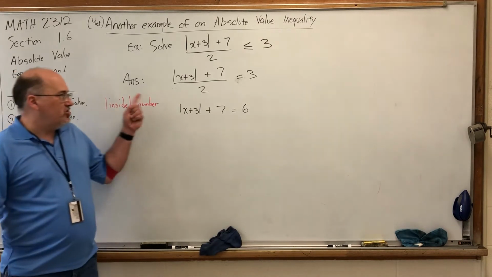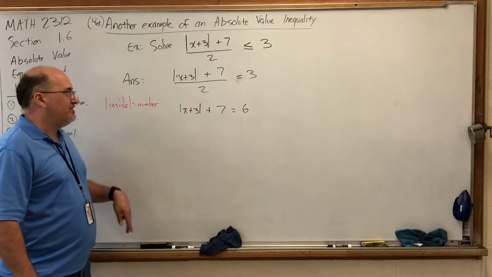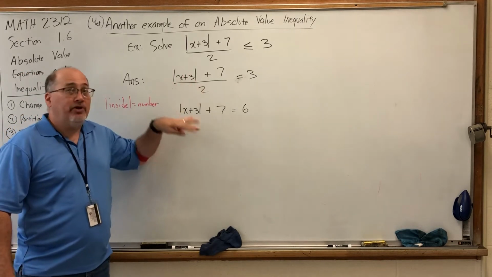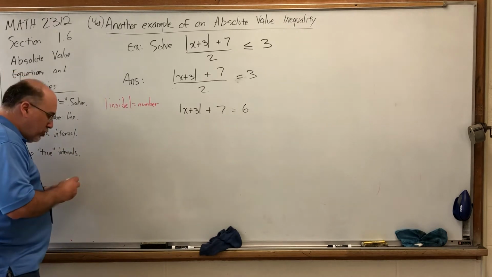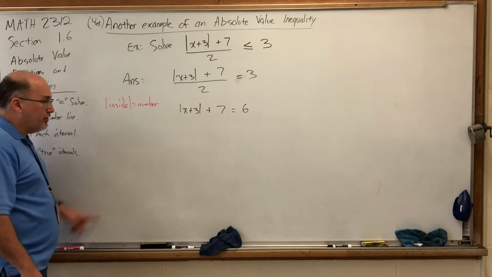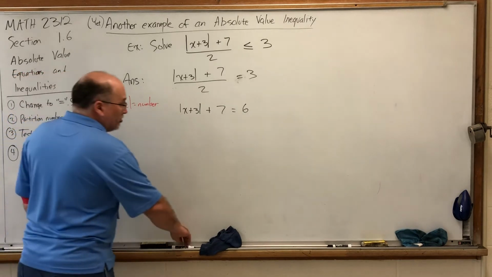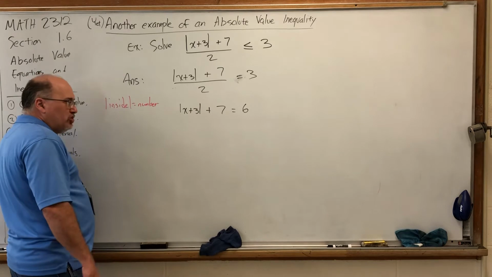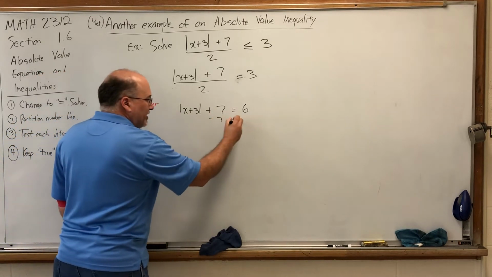This equation is not yet of this form because it does not say absolute value on the left. It says absolute value plus something over something. So we don't split into 2 equations and lose the absolute value until we get the equation to this form. And we're almost there because after multiplying by 2, we can get to this form if we get rid of the 7 by subtracting it from both sides.